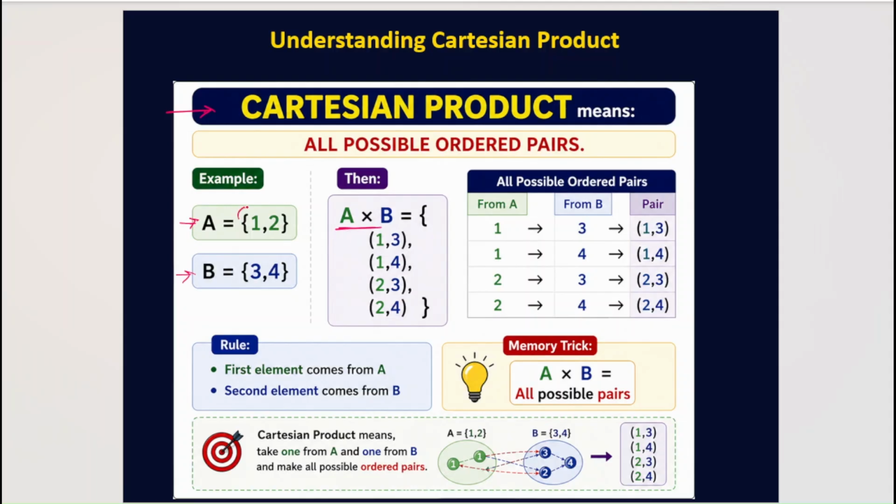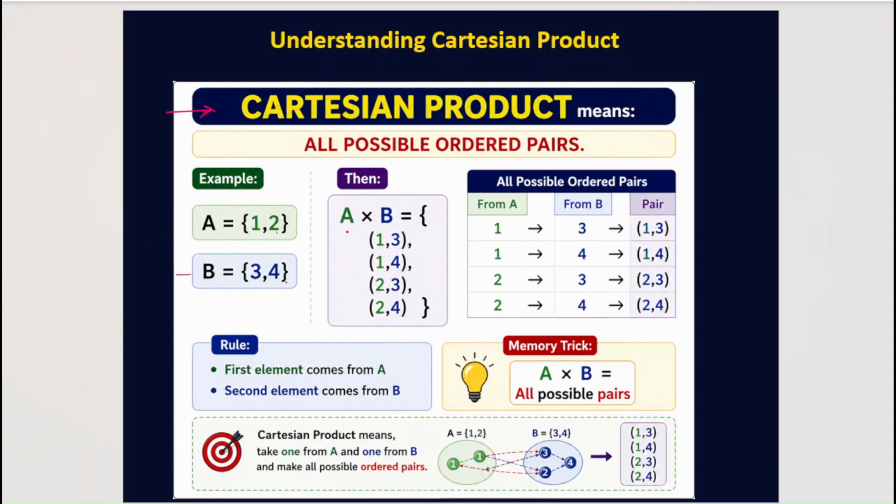You select the first element of the first set with the first element of the second set, then the first element of the first set with the second element of the second set, and similarly for the second element of the first set. Like (1, 3), (1, 4), (2, 3) and (2, 4).